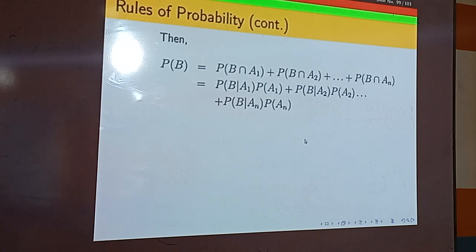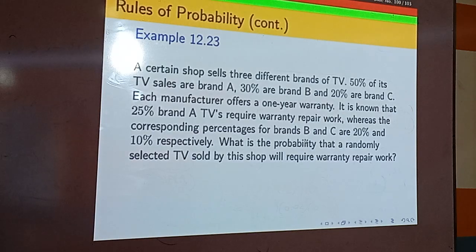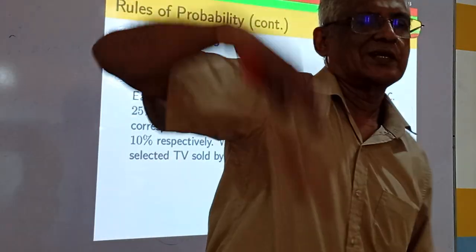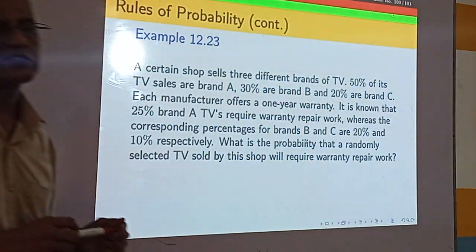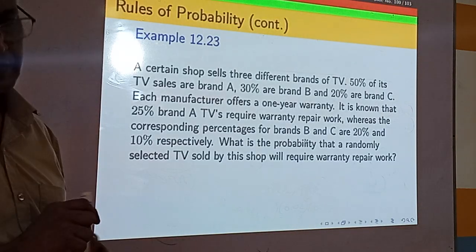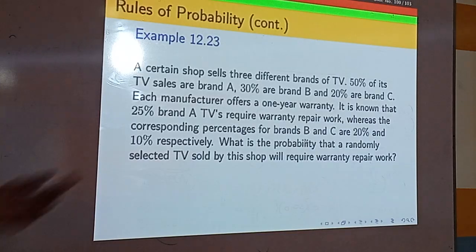Then you can apply the total probability law to find out the probability of B. So you apply this theorem usually in this kind of situation where you have several possibilities and then, conditioning on those, there are some other possibilities. So in order to find out the probability at some end place, you can apply this, right?